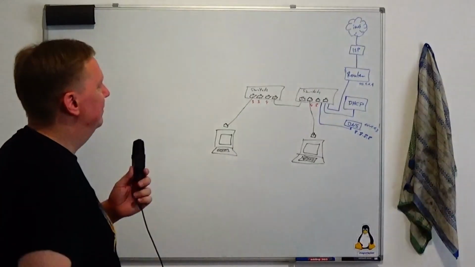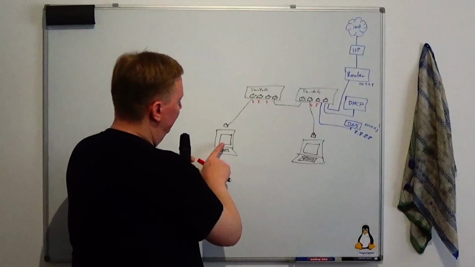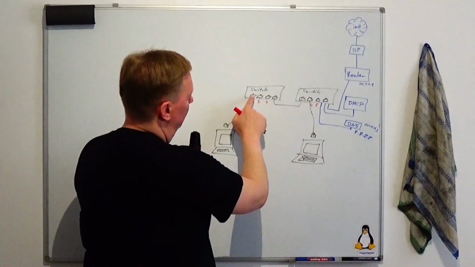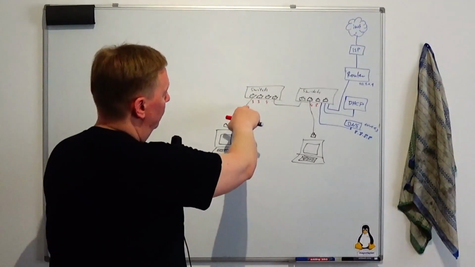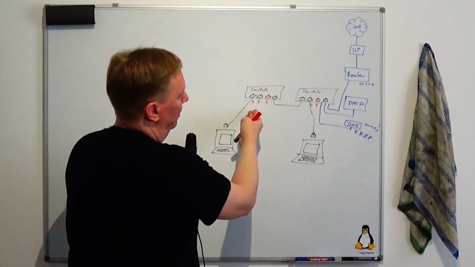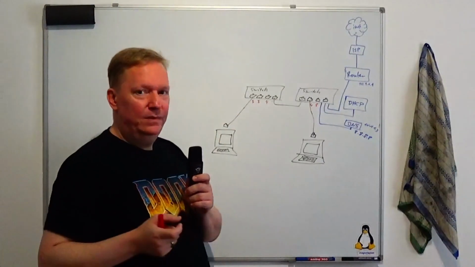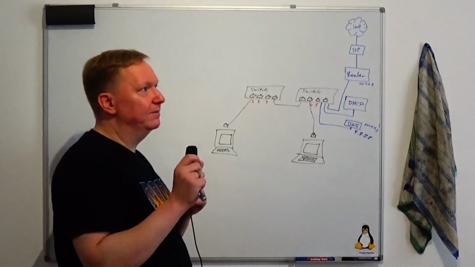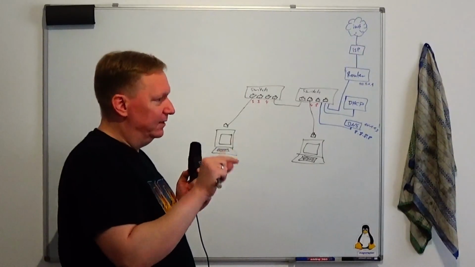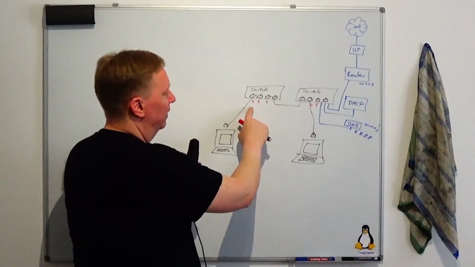And the cool thing at this point is that if you send data in through a port that is configured to be on VLAN 3, for example, then it gets tagged, and that just means that your Ethernet frame will get a little information in there that says, hey, this is for VLAN 3, okay?